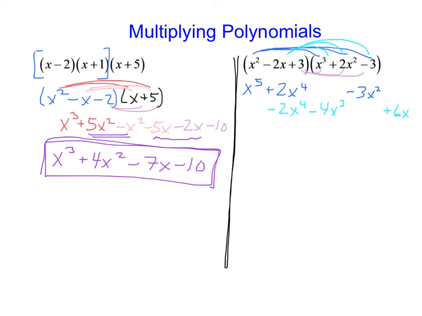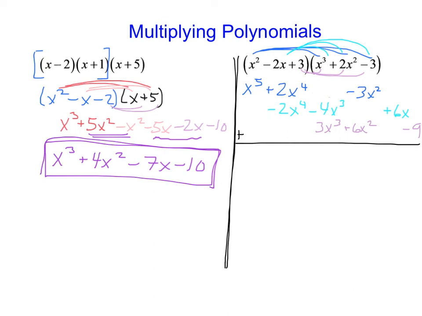Distribute through there, I get 3x cubed. Put that beneath my x cubes, then I'm going to get plus 6x squared, and at the very end a minus 9. And the whole point of doing this is that they're basically stacked up with like terms, and I can just go down the order here and count it.